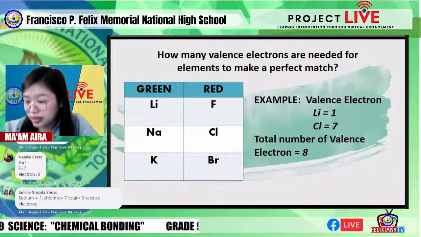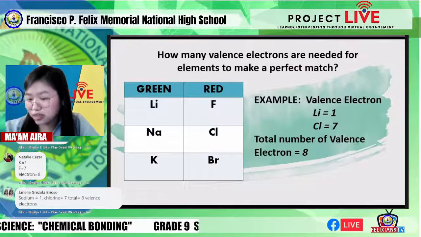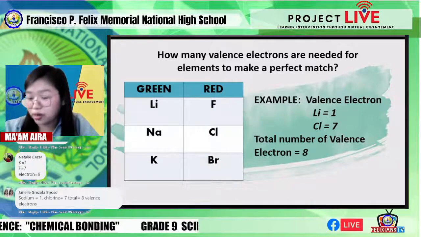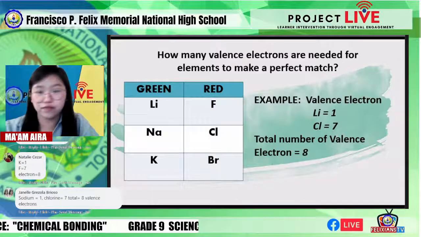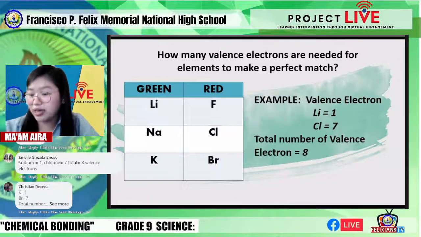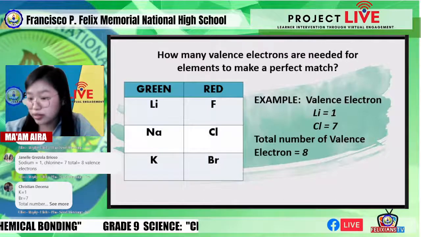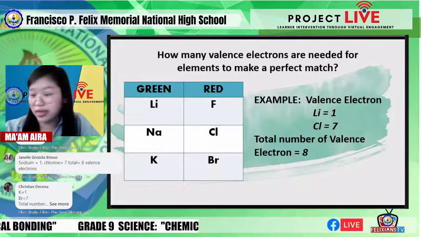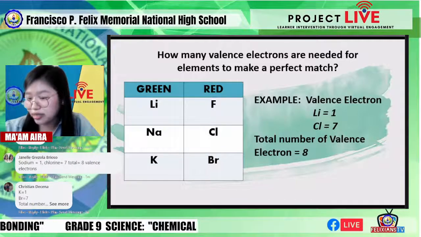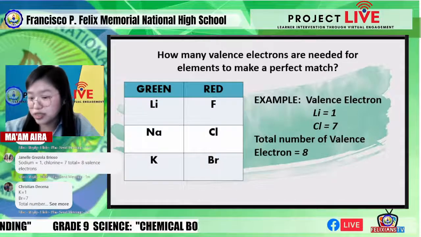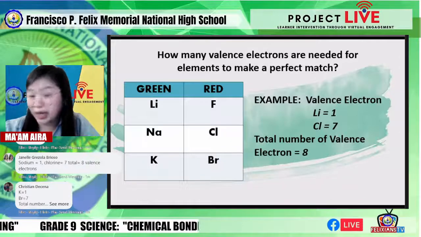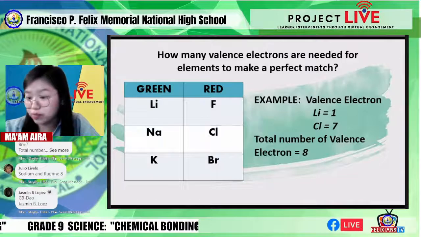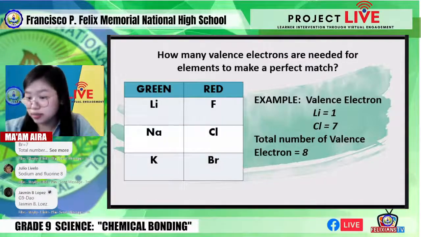Okay, so I see now answers from Natalie Cesar, K or potassium, and F, fluorine. So we have electron 8. Very good. Janelle Brioso, sodium and Cl, chlorine. Total valence electron 8. Same with Christian Decena, K, potassium, Br, bromine.